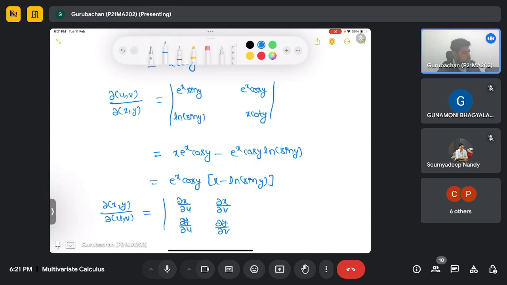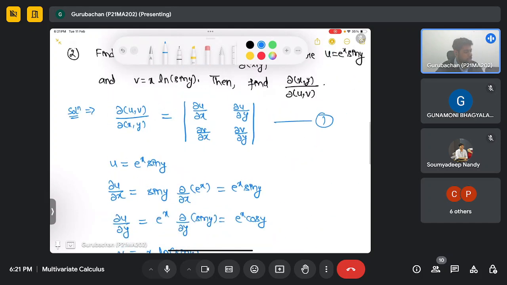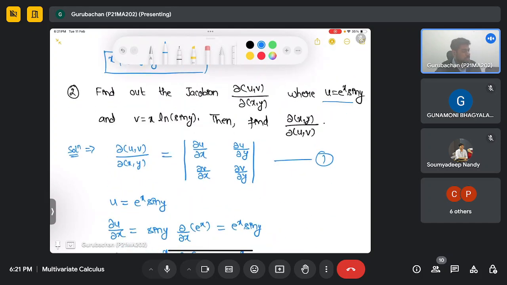And also we have to first represent x and y in terms of u and v, because in the given question we have u as a function of x and y and v as a function of x and y. So we need to first compute x as a function of u and v and y as a function of u and v. Do we need to do this much calculation?